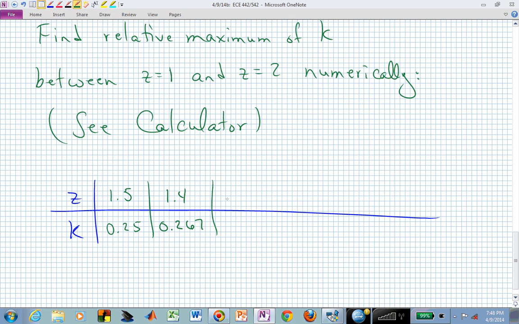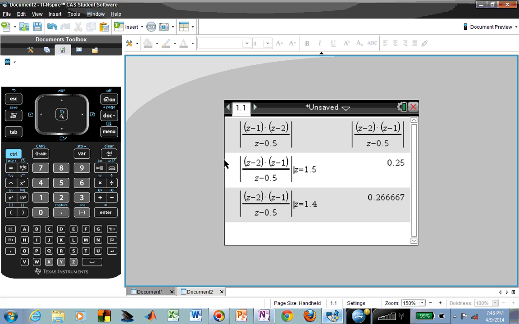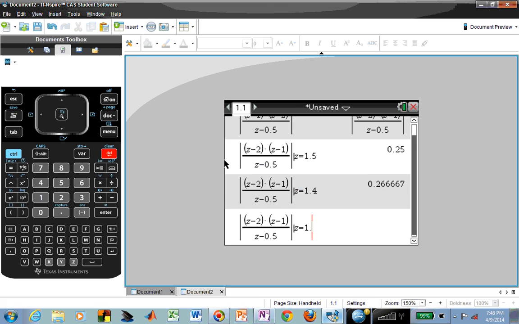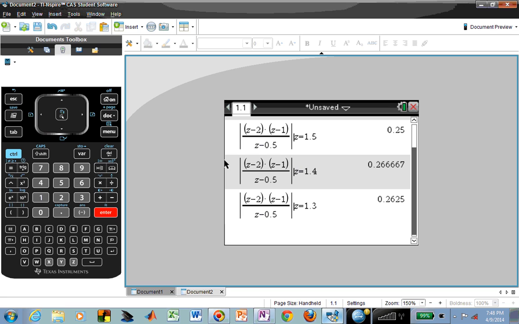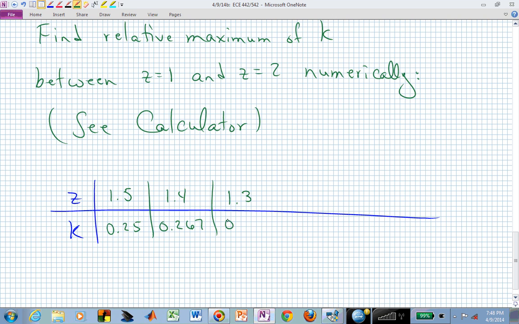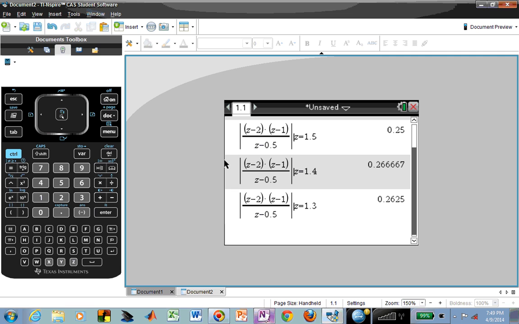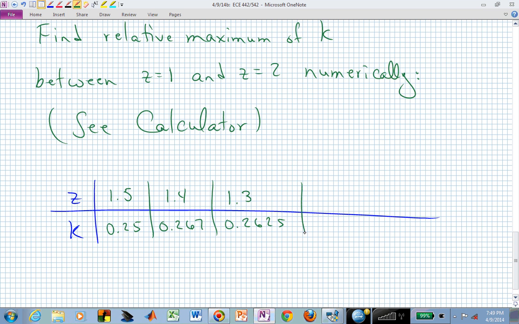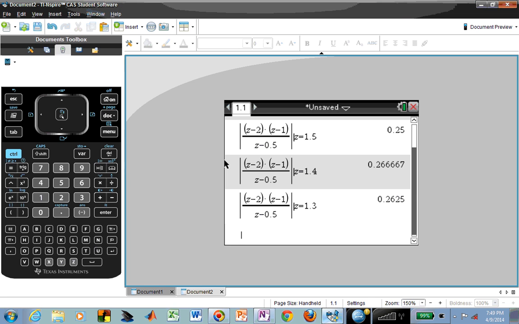Well, it's going in the right direction, so let's look at what we get if z is 1.3. And now we're going smaller again, so somehow we've gone through this relative maximum between 1.4 and 1.3. Here we are at 0.25, whatever it was. So let's look at 1.35, halfway between 1.3 and 1.4.